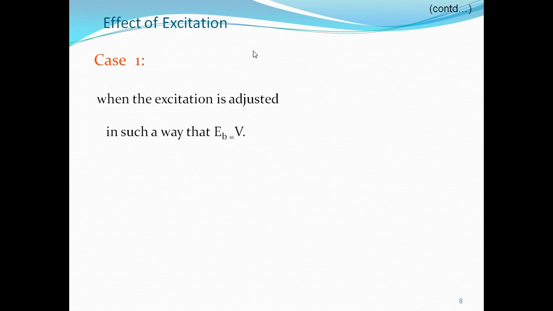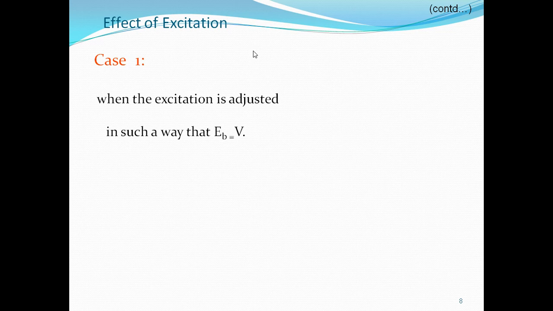That is, an increase in power factor causes a decrease in armature current and vice versa, because the product I into cos phi remains constant. So, when excitation is changed, the magnitude of induced EMF EB changes, while load angle alpha remains constant as long as the motor load is constant.